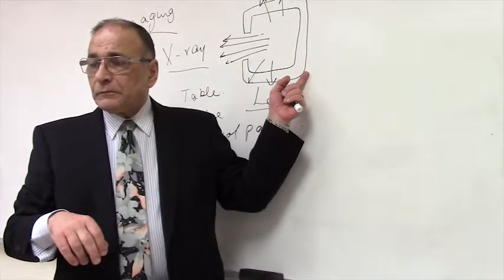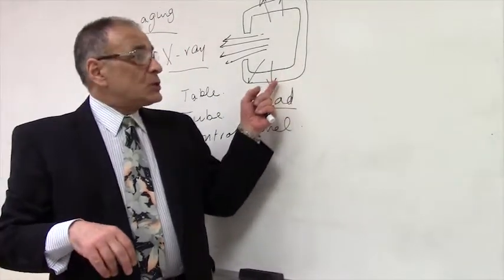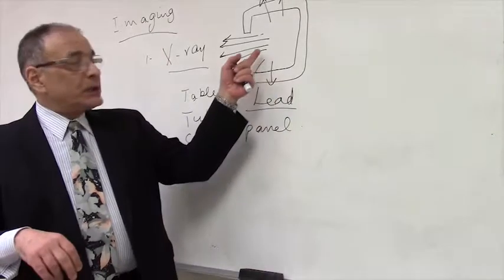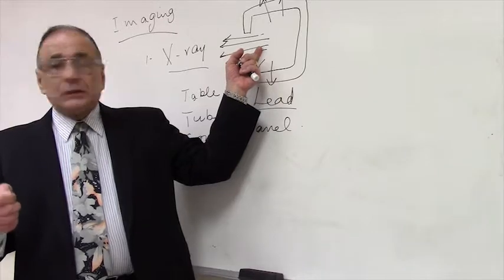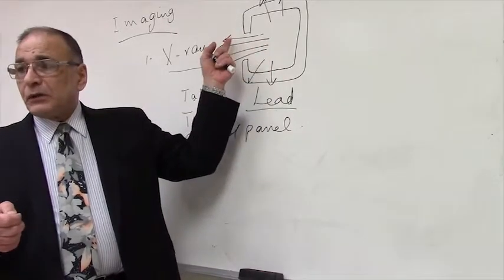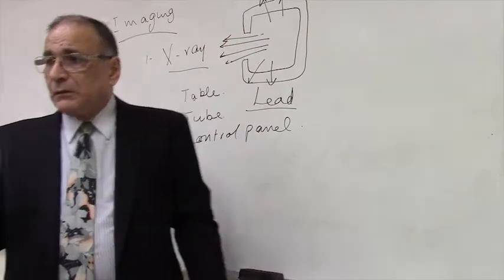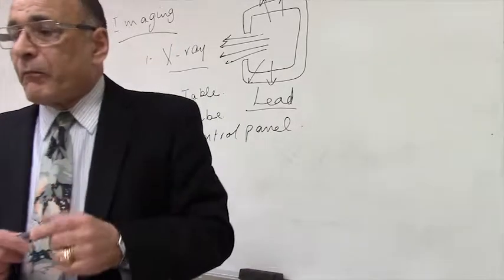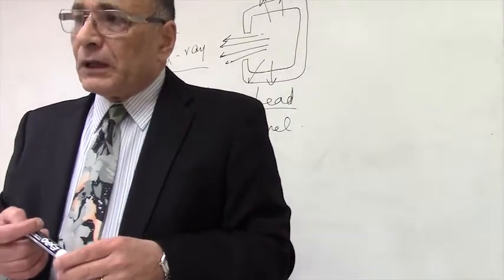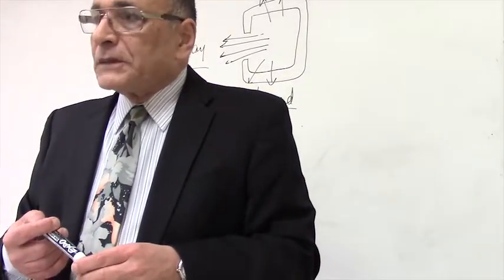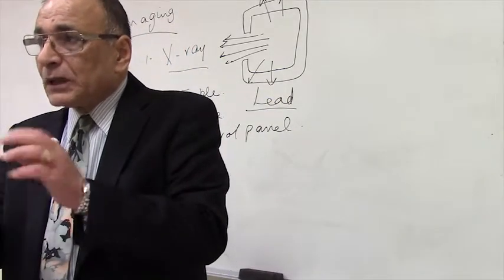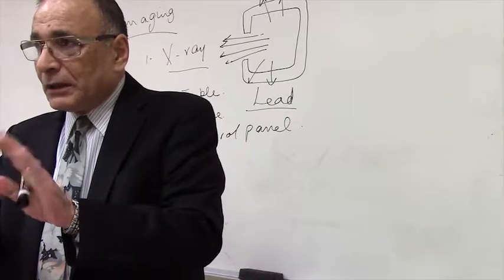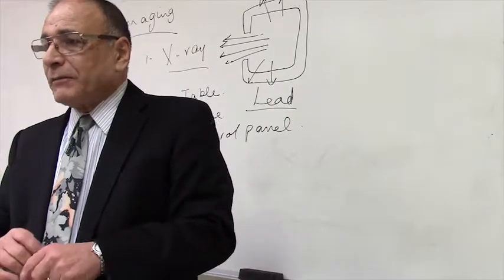Okay? So in this way, when you start to put the machine on, the X-ray is coming only through one opening. So it's under control. What's the problem with lead? The lead prevents the X-ray from getting through. It absorbs the X-ray and stops it. Very good.